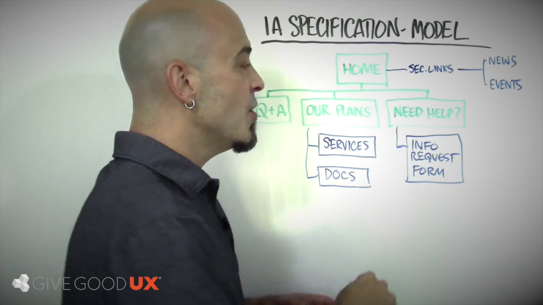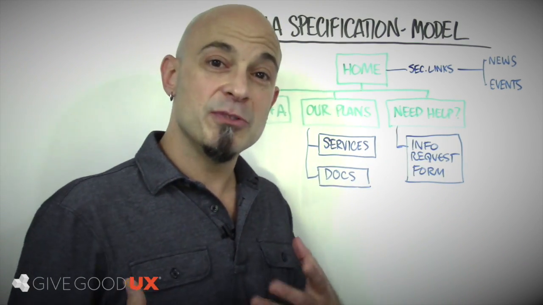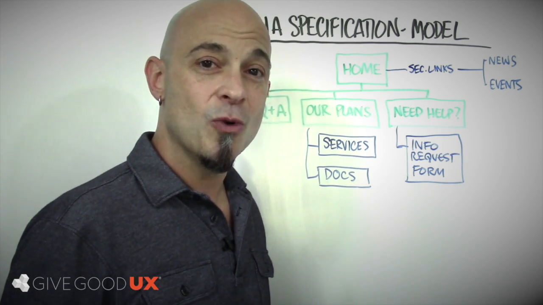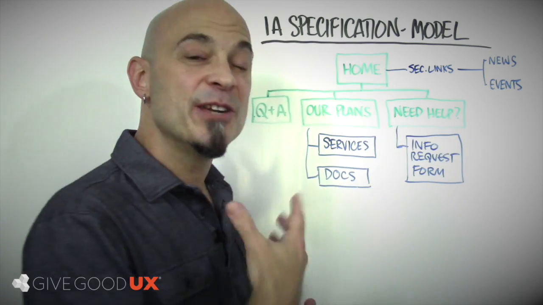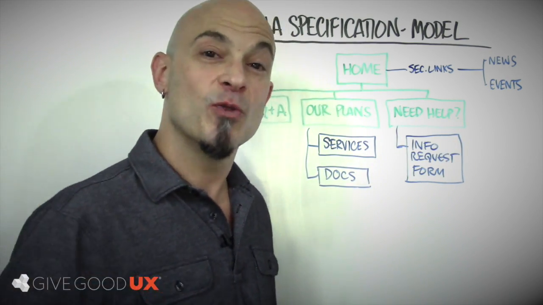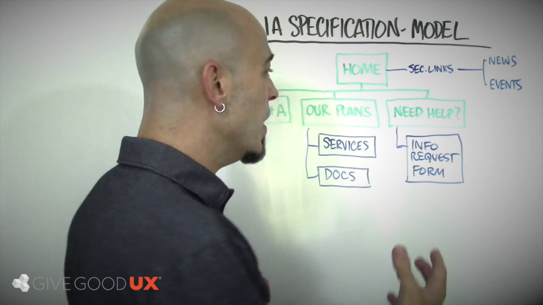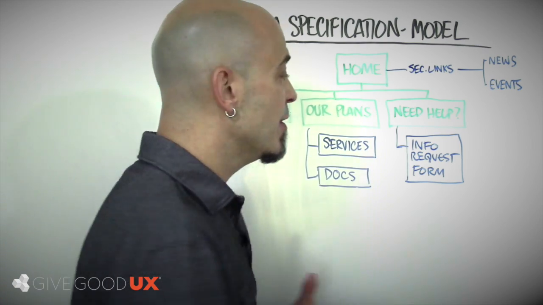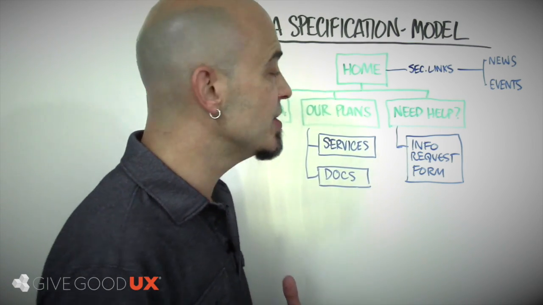The next piece was the ability to request more information, request a phone call, to learn more. We're phrasing that differently as well. Instead of request information form or information request form or whatever the verbiage was, we're saying, need help? Got you covered, okay? The phrasing has everything to do with how this is received.